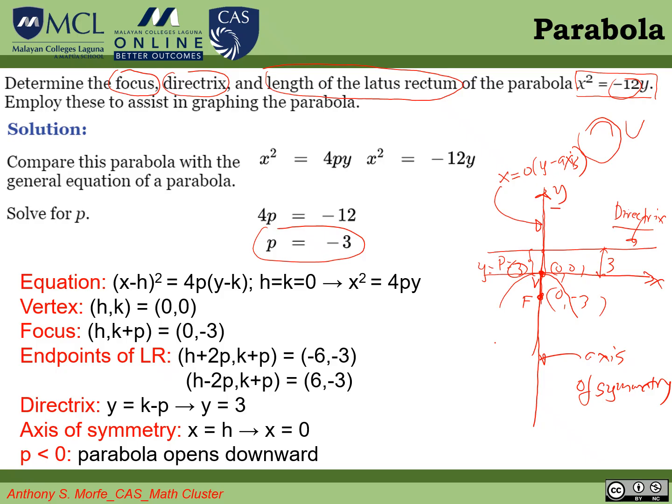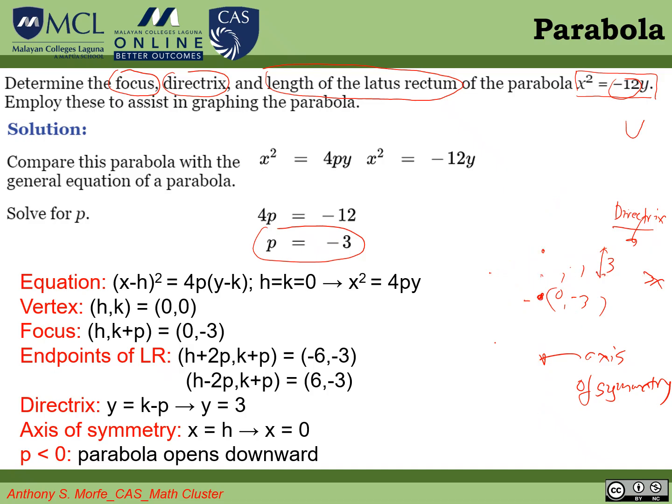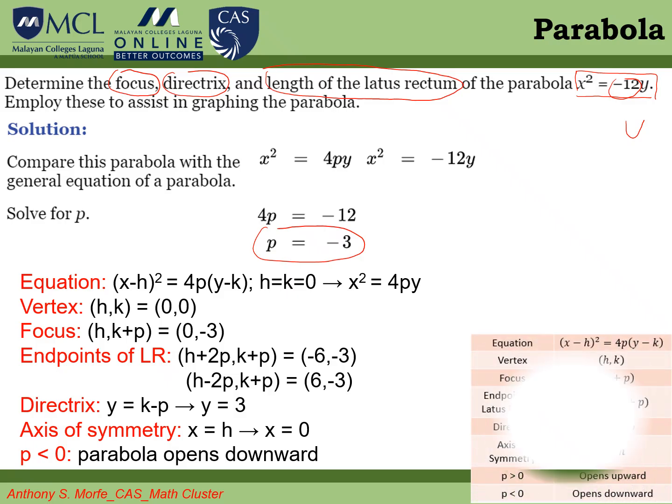Let me erase this one. In solving this problem, class, just to guide us, and much better if you memorize this so that you can solve the problem quickly. Just keep this in your mind. This is very important, class.